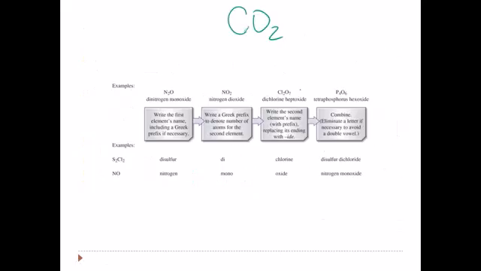Here we would have had dichlorine heptaoxide, but because the prefix ends in an a and the name of the element begins with a vowel, we don't say heptaoxide, we just say heptoxide.